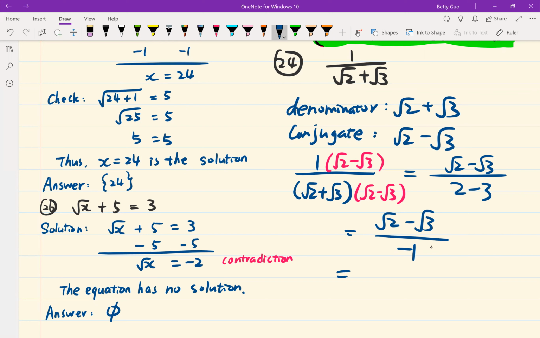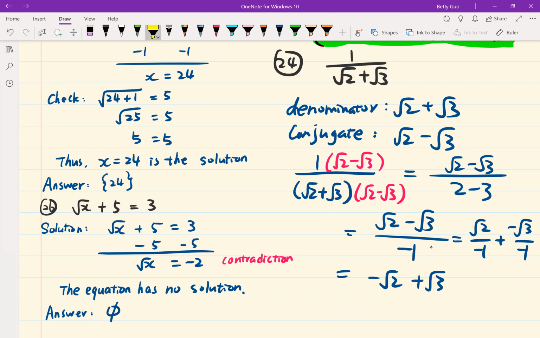And that is equal to root 2 over negative 1 plus negative root 3 over negative 1. Root 2 over negative 1 is negative root 2. Negative root 3 over negative 1 is a positive root 3. So the result is negative root 2 plus root 3.